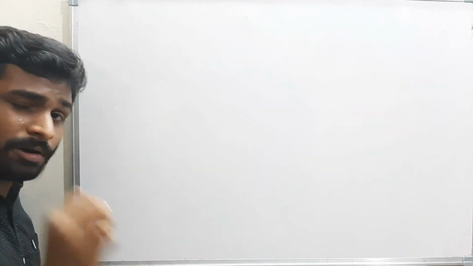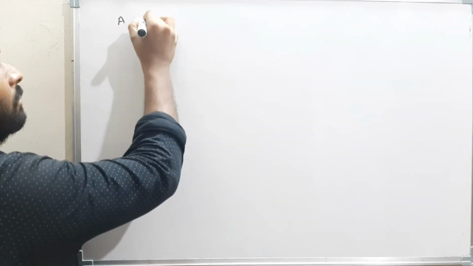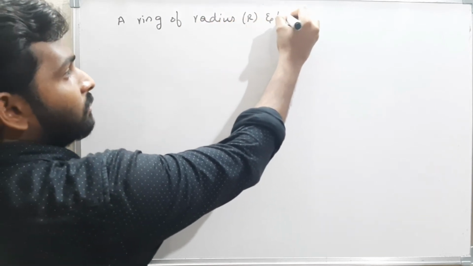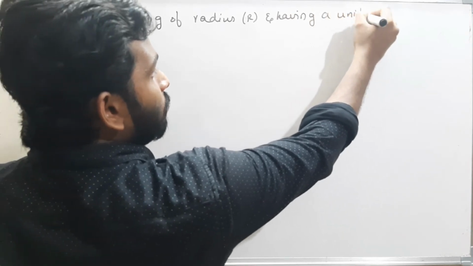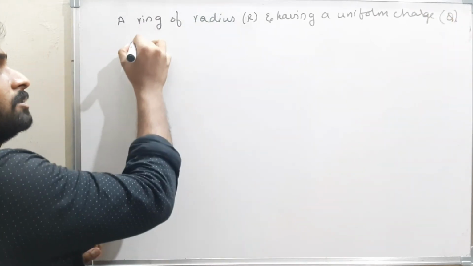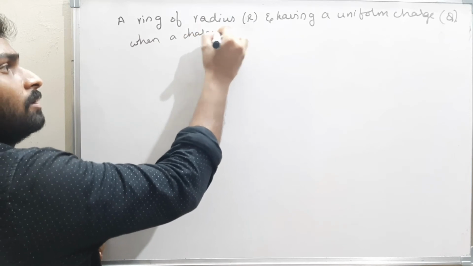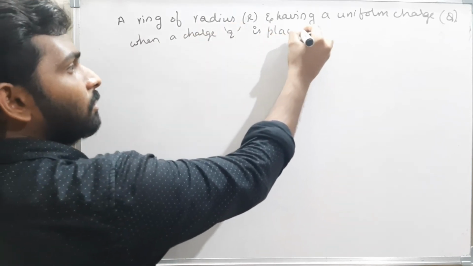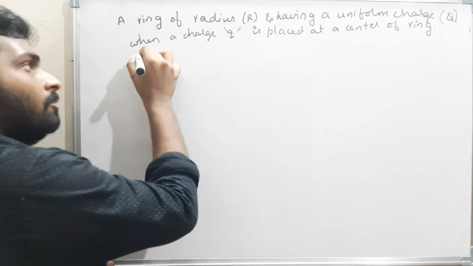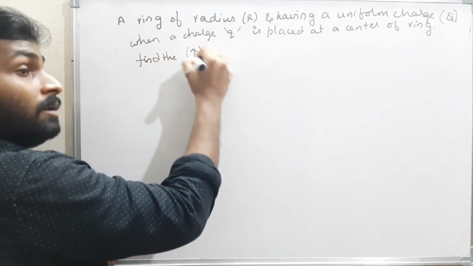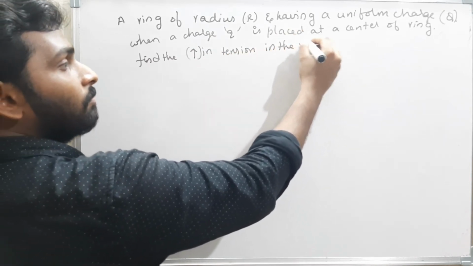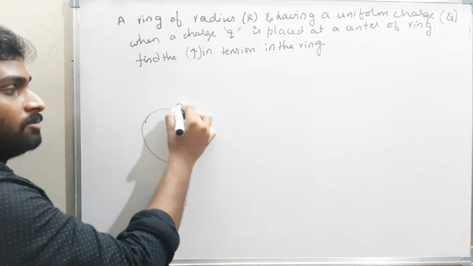A ring of radius R and having a uniform charge Q. When a small charge q is placed at the center of the ring, now find the increase in tension in the ring. Now see here, this is a ring and this ring is having some charge Q.